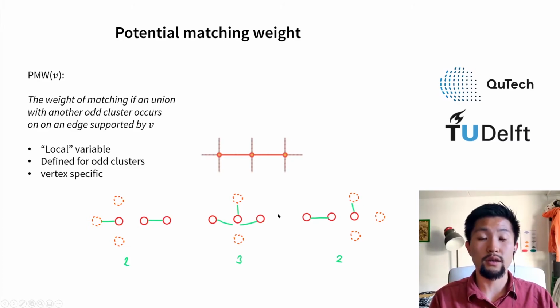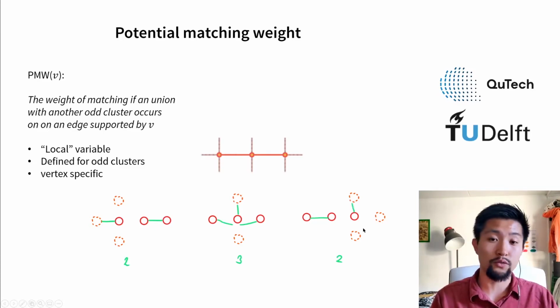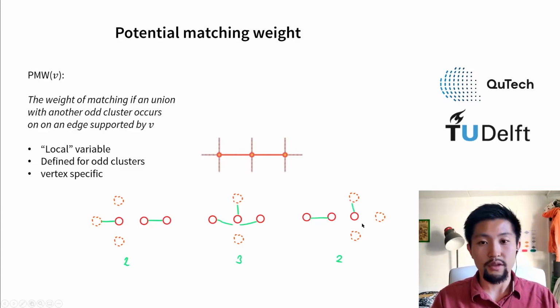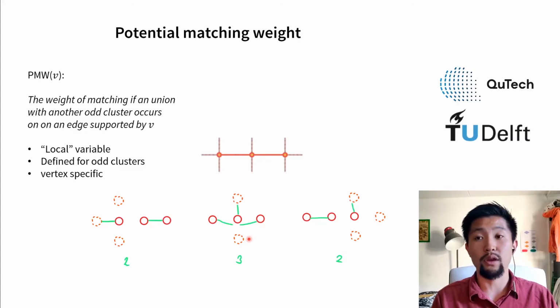If a merge occurs on the third syndrome vertex, the matching weight will also be 2. But if the merge with another odd cluster occurs on the middle vertex, then the eventual matching weight will be 3.